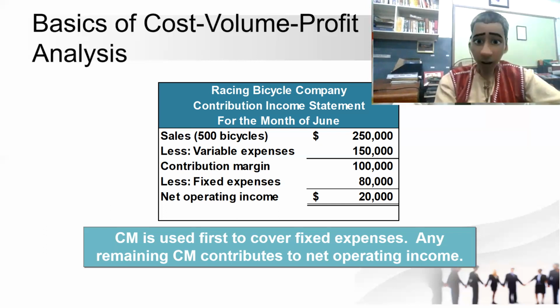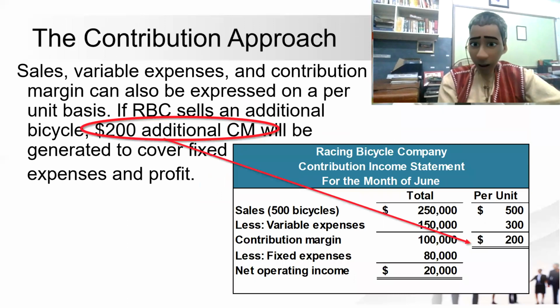So contribution margin approach. In the contribution approach, sales, variable expenses, and contribution margin can also be expressed on a per unit basis. Can also do it per unit, not just the total sales, total variable expenses, and total contribution margin.